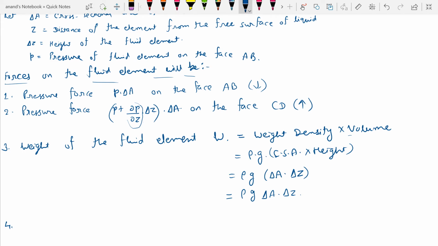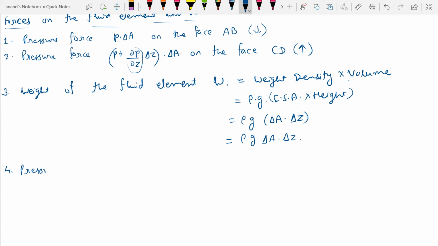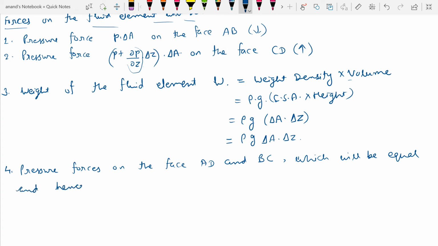Hence the resultant force in the horizontal direction will be 0.